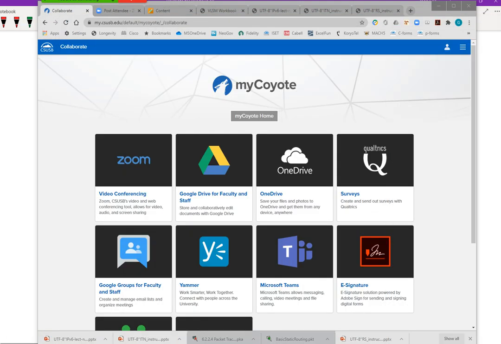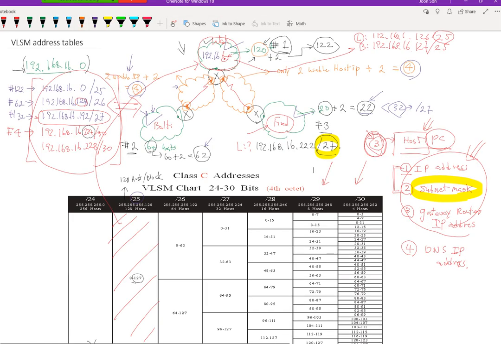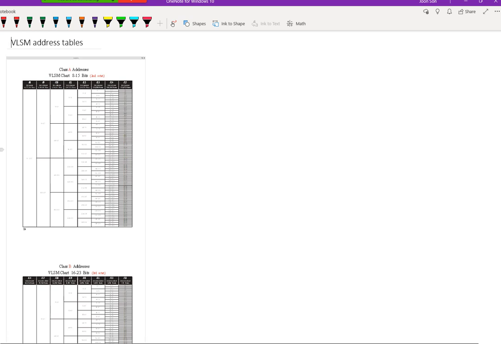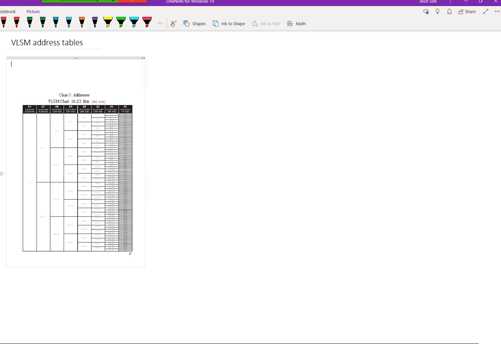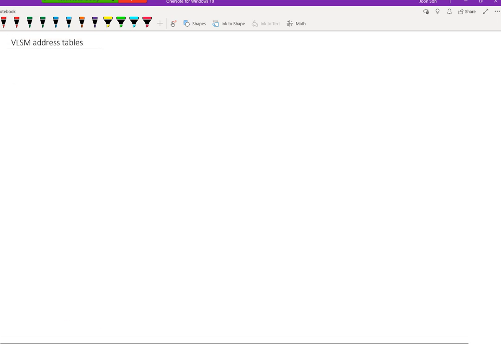Okay, so let's just solve this problem. The given is a Class C address, 192.168.2.0/24.